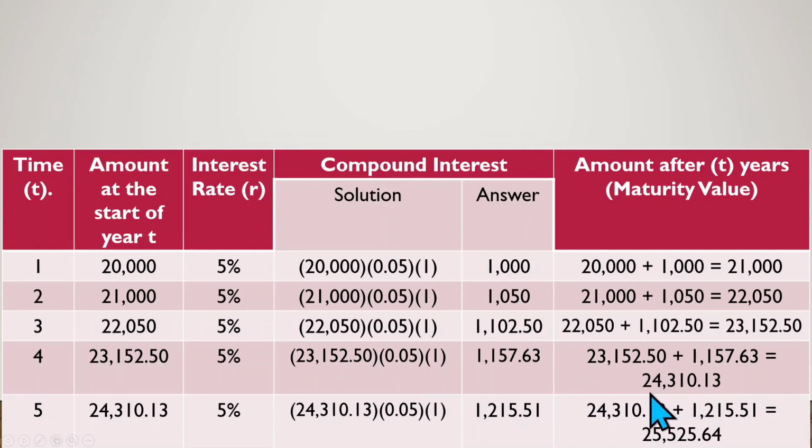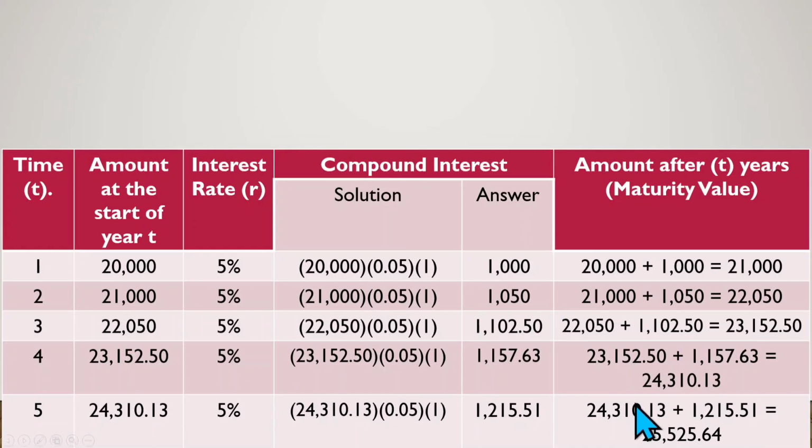And then we're going to add it again to the principal. We will have 24,310 and 13 cents. And then that will be the principal amount on the last year of the term, or the fifth year of the term. Then you're going to multiply it again by the rate, which is 0.05, and then times 1. We will have an interest of 1,215.51.